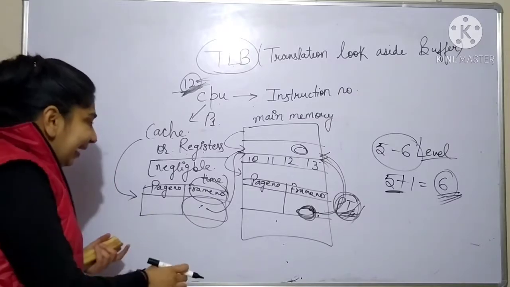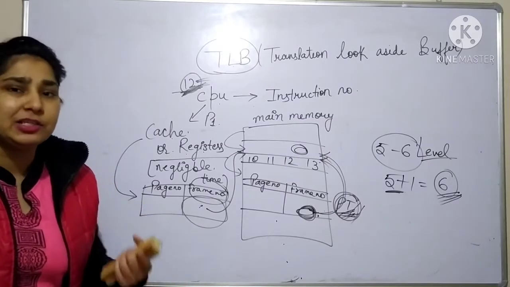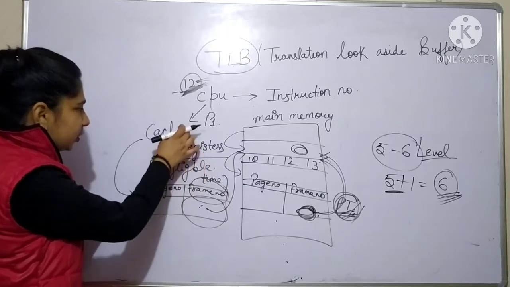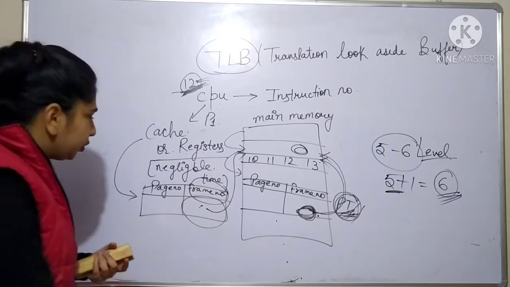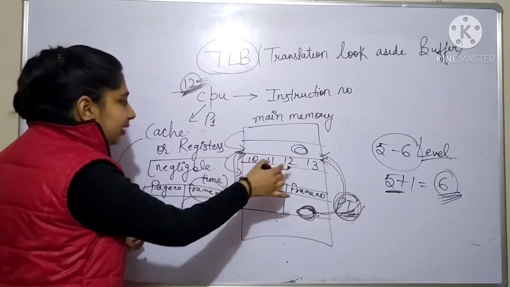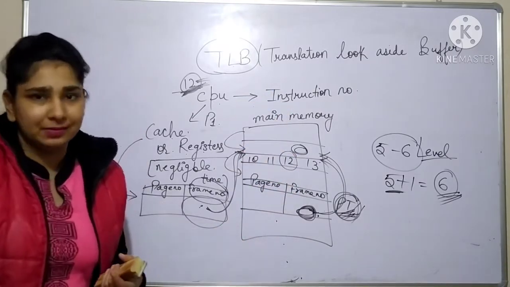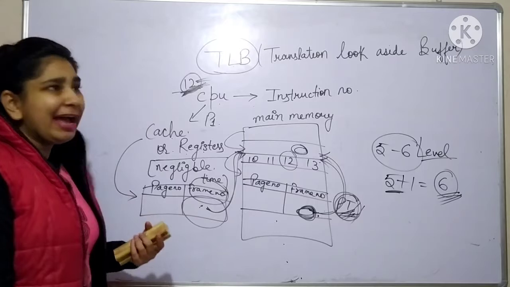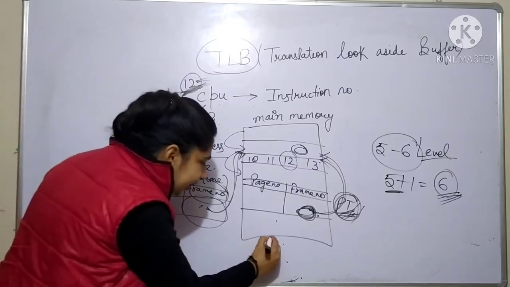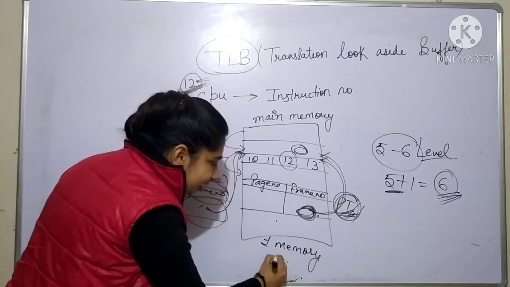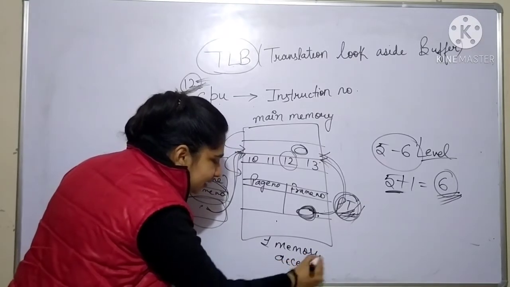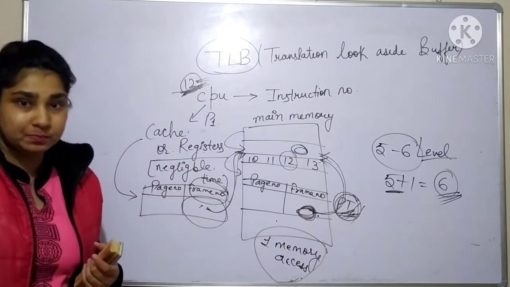You keep a direct entry of your page table in the register or local cache. Just in one go you are reaching your direct instruction. Okay, with the help of TLB we just need to access main memory only once. Just one main memory access is going to be there.